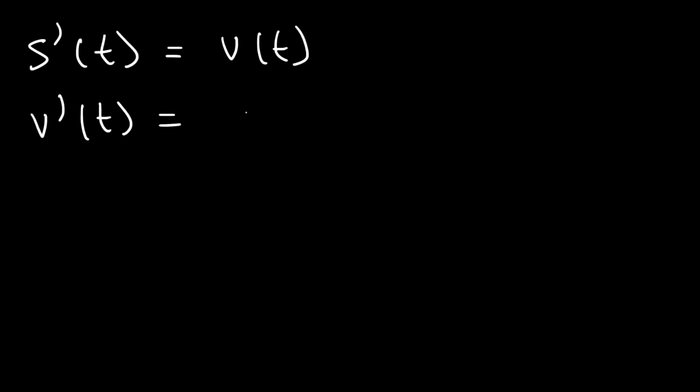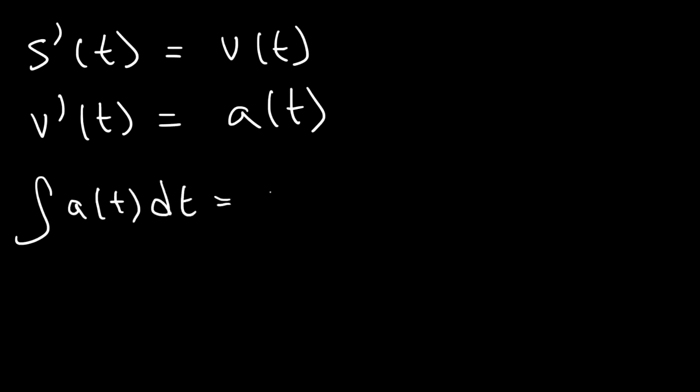The derivative of the position function is equal to the velocity function, and the derivative of the velocity function will give you the acceleration function. The antiderivative of the acceleration function can give you the velocity function, but you need an initial point to find the value of c.